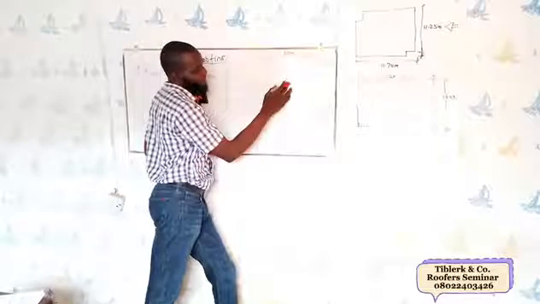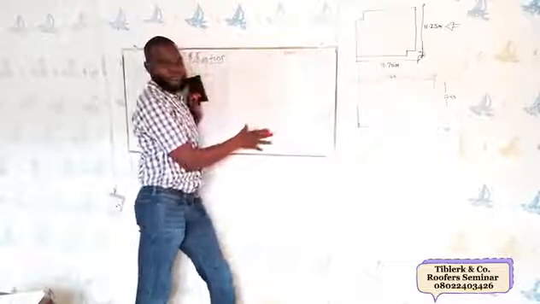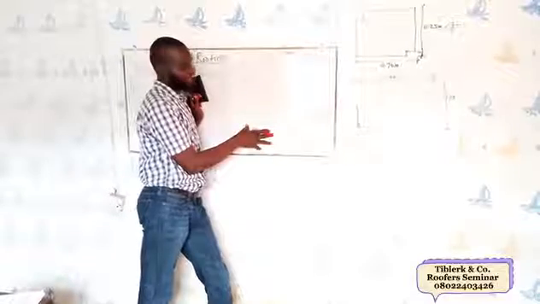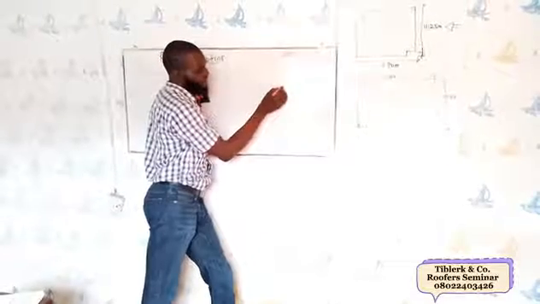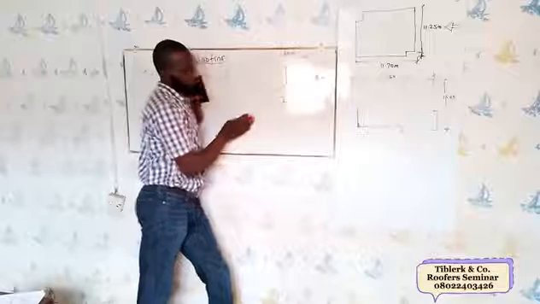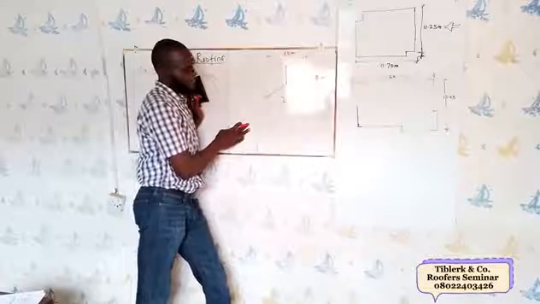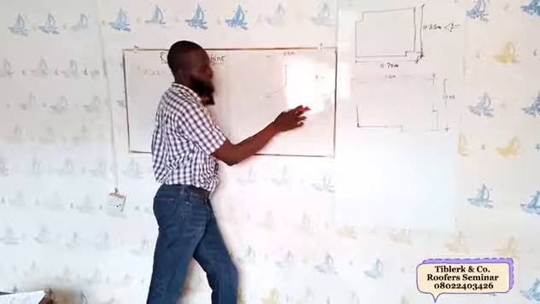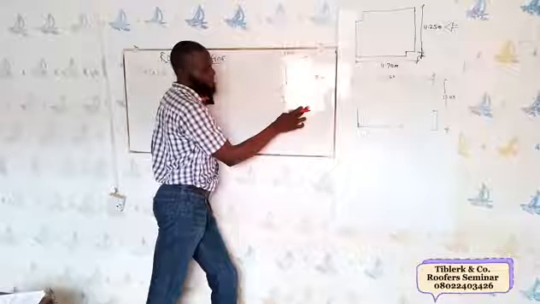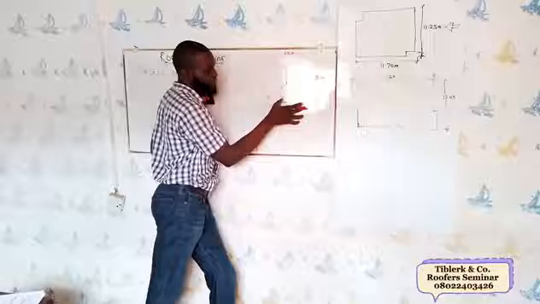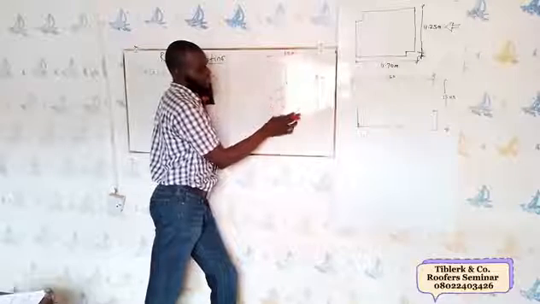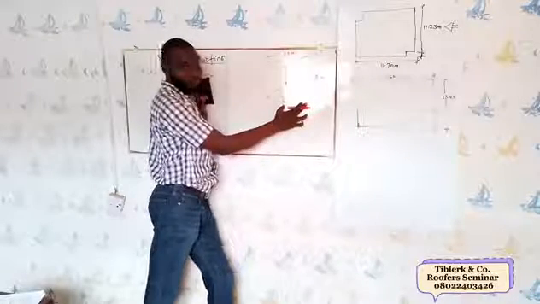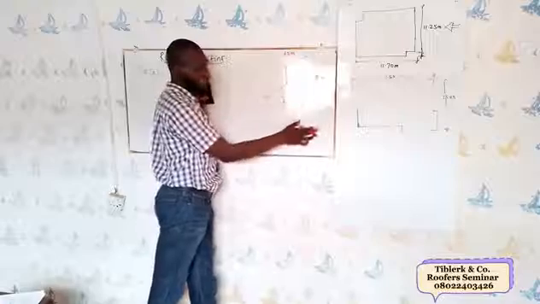Likewise, here, this is where we now have issues to treat. This has to come this way. But this cannot just go straight this way, because we have a recess here.